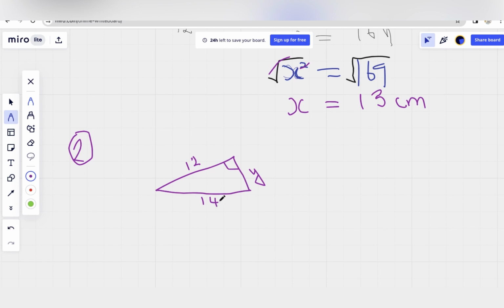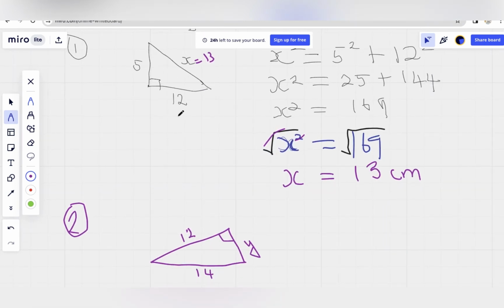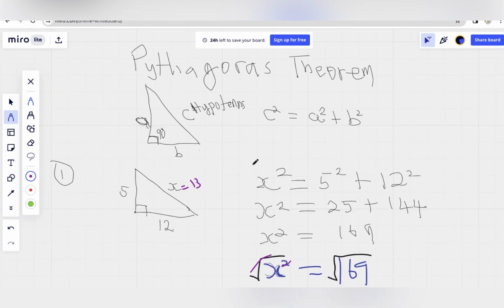So remember, we can label here as ABC as usual, as we did before. Remember when we got this formula, we say C squared equals A squared plus B squared.